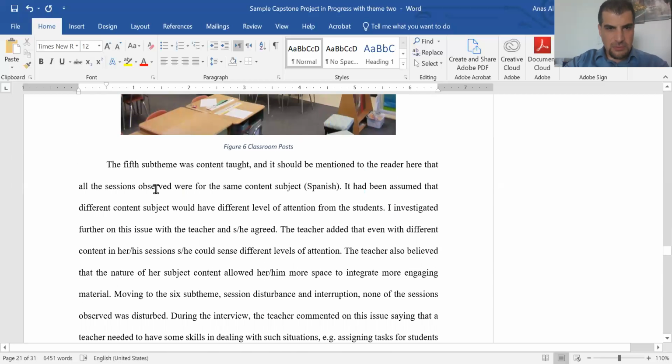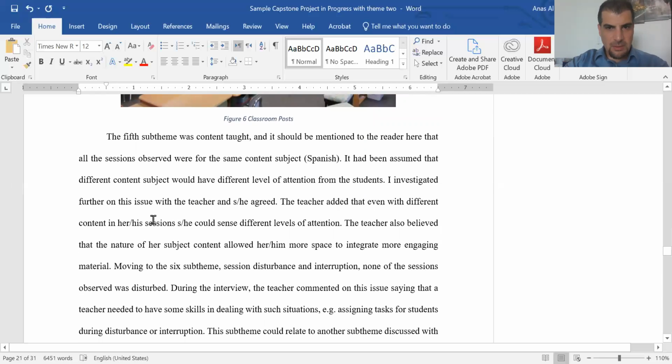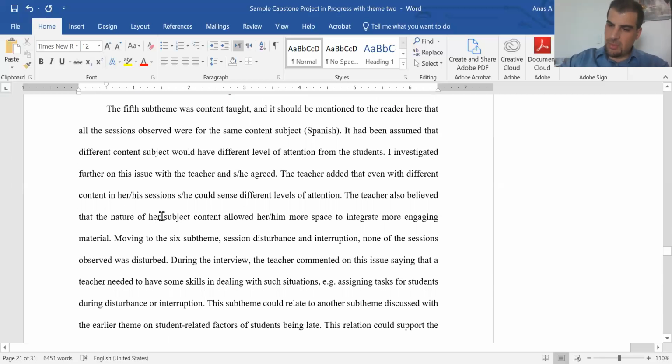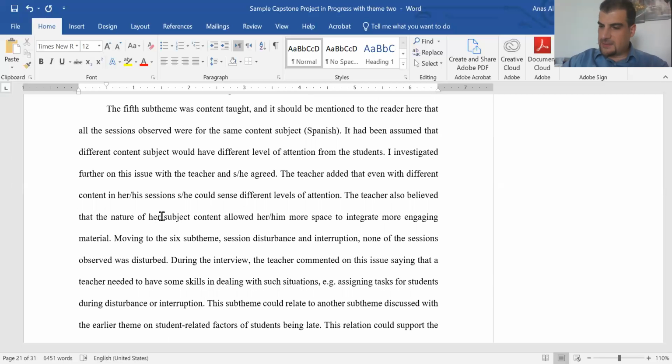The fifth was content taught. It should be mentioned that all sessions were level Spanish, and it had been assumed that different content would be investigated first. She added that even with different content, she spends different levels of attention. So maybe I can write something here about the content affecting levels of attention.